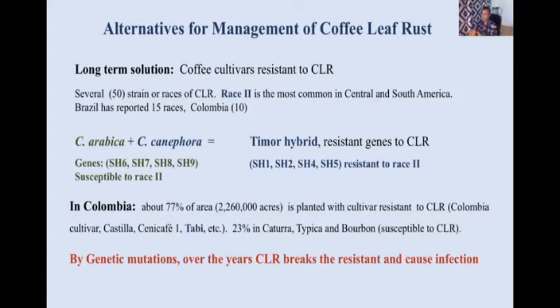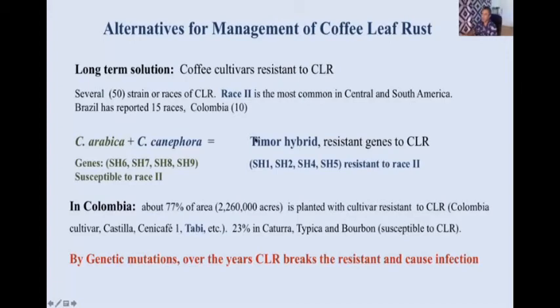Something that is important is that when we look at these species, coffee arabica and coffee canephora, they have genes that could be resistant to some specific race of the disease. But there are also some species of coffee that are susceptible.